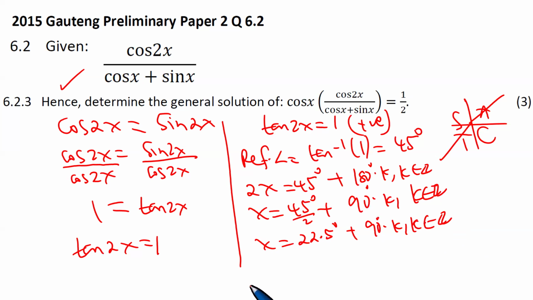The next thing would be to say, okay, we got this answer here, but is it the only answer? Obviously, you can try and reason this out in terms of other quadrants where the tangent is positive. In which other quadrant is it positive?